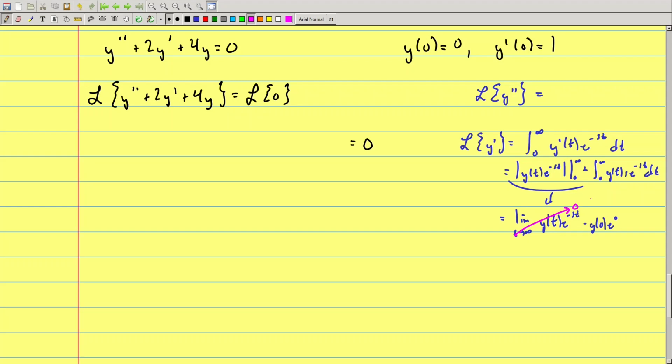That goes to 0 because e to the minus st goes to 0 as t goes to infinity, because we're assuming that y of t is some reasonable function.